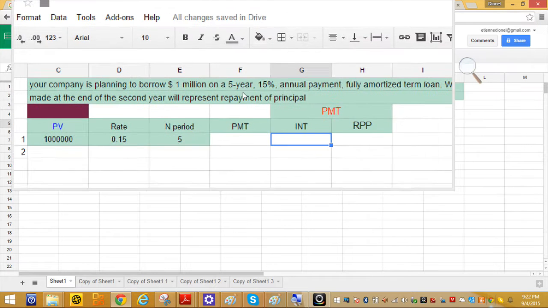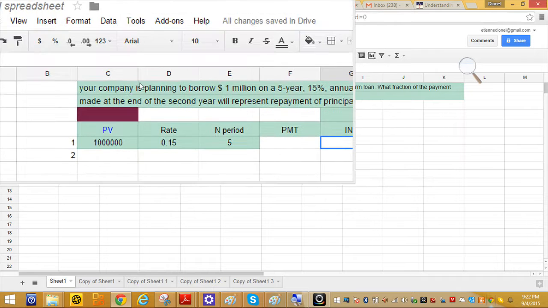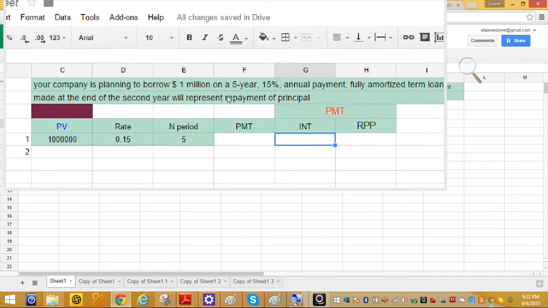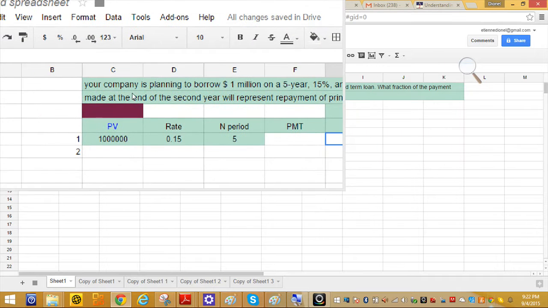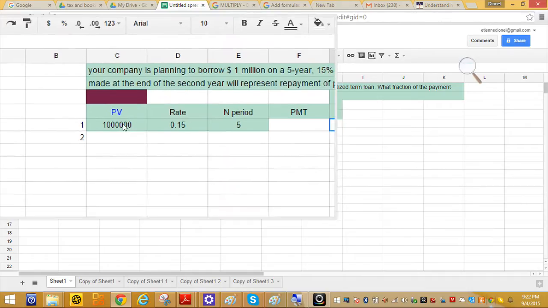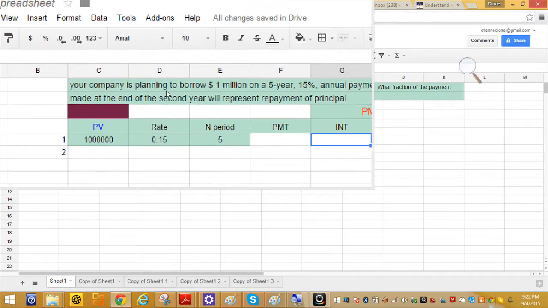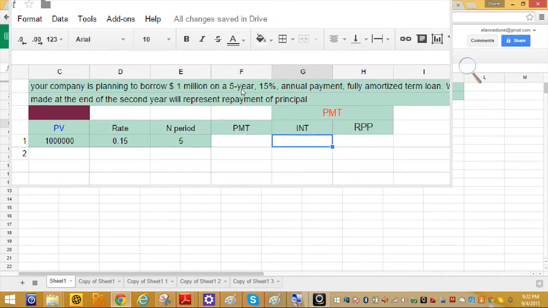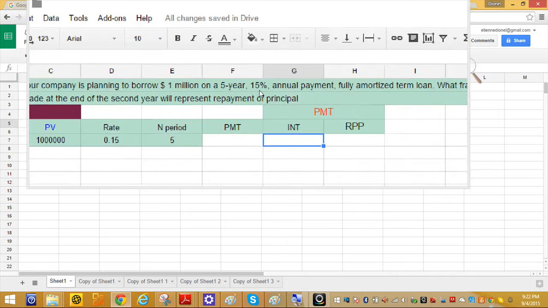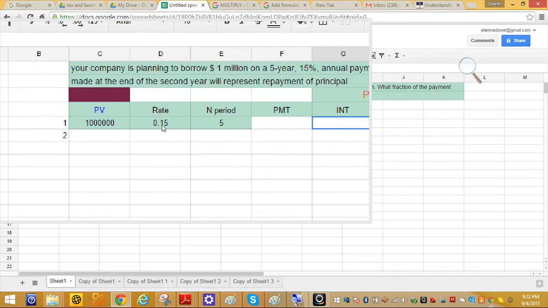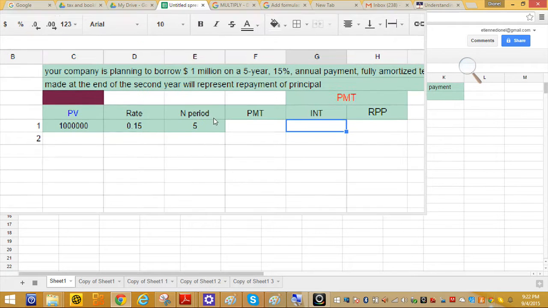It's not free, okay? So you get some kind of problem, you read it and you try to understand it. I already did the job for you. The present value is 1 million, it's the money that you borrow right now, and the rate is 15%. I put it in decimal value and the period is 5 years.